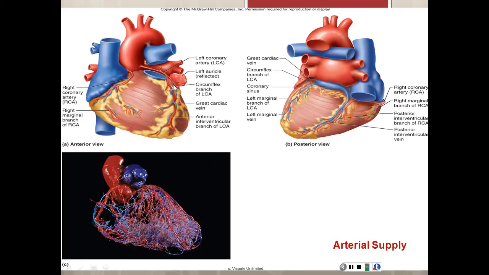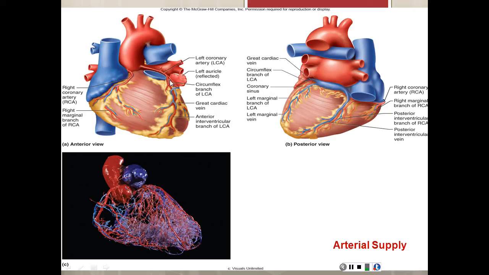Then we have our circumflex branch, and that continues around the left side of the heart into the coronary sulcus, which you see right here. And here's our coronary sinus. So that little red line you see, that blood vessel, is our circumflex branch.